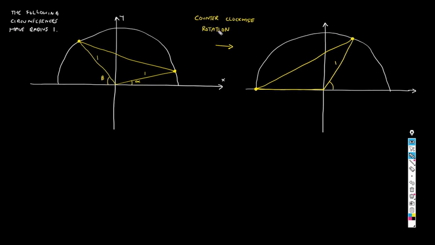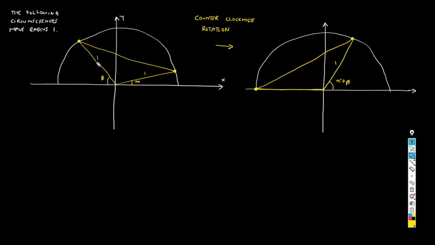Now, let's perform a counterclockwise rotation of this triangle, just like I showed you in the video, such that the angle beta will be reduced to 0 and this side will lay on top of the negative x-axis, like so. So now my final configuration will be looking like this. And like I told you in the video, this new angle that's going to be produced will in fact be the sum of alpha plus beta.